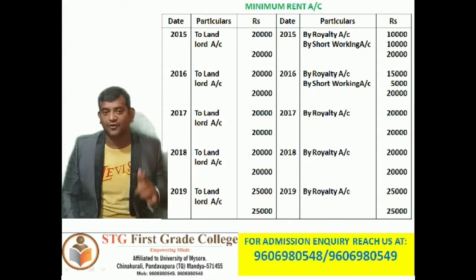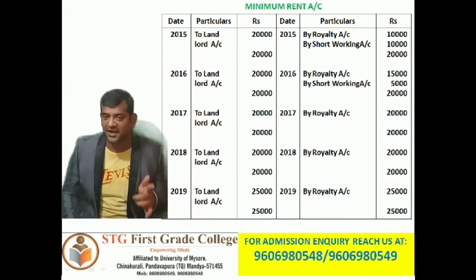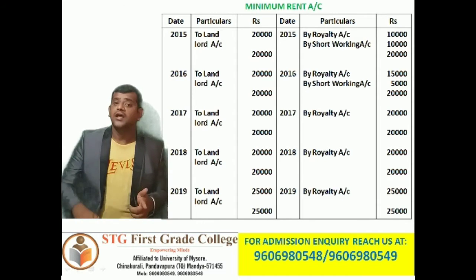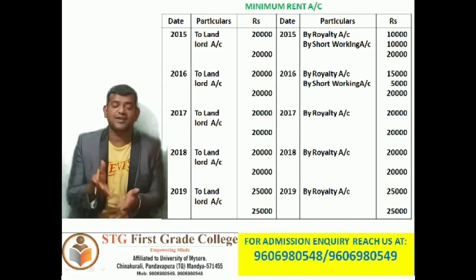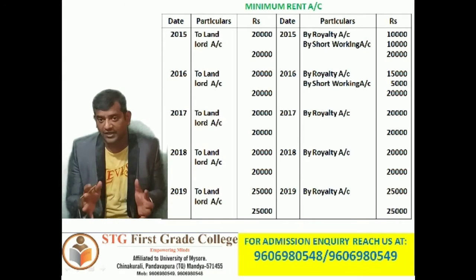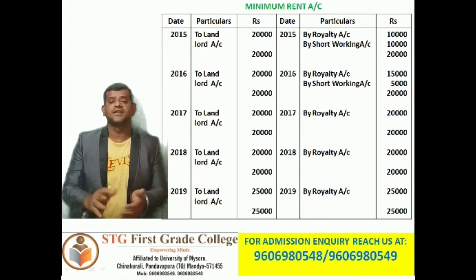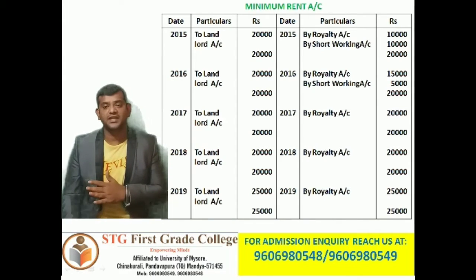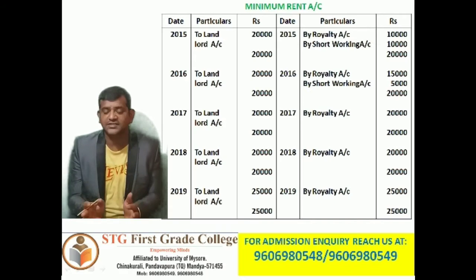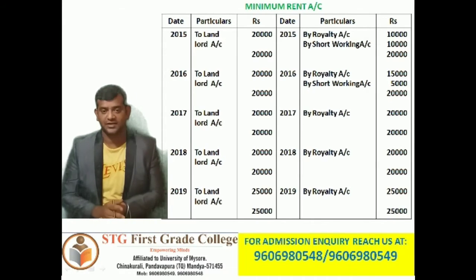On the credit side, out of this 20,000 minimum rent paid to the landlord account, royalty generated 10,000 rupees. So we could generate out of royalty 10,000 rupees. By short working, there was a shortage of 10,000 rupees.